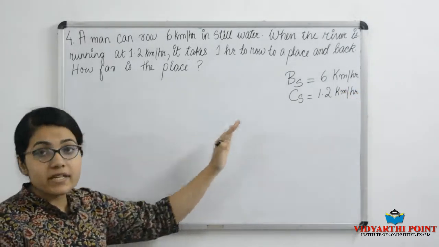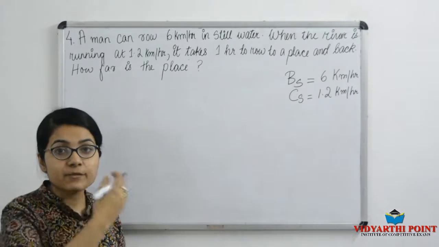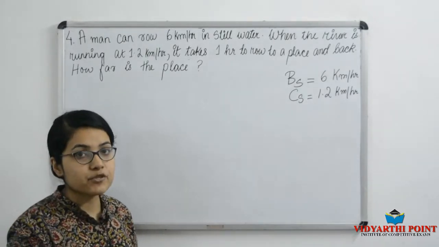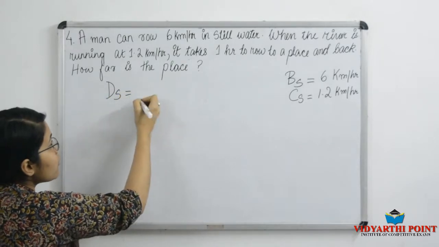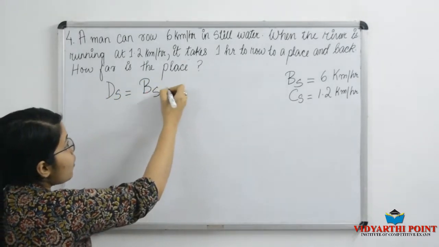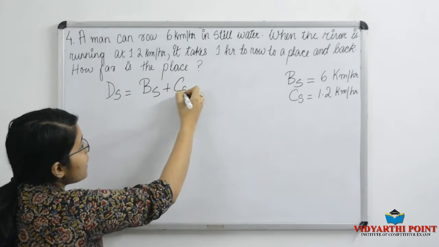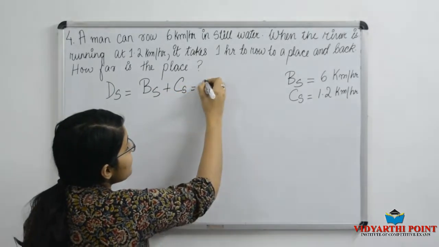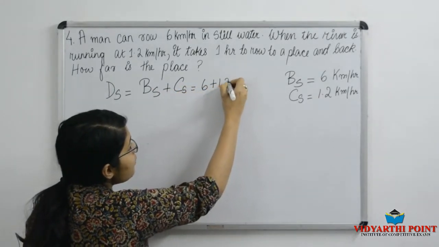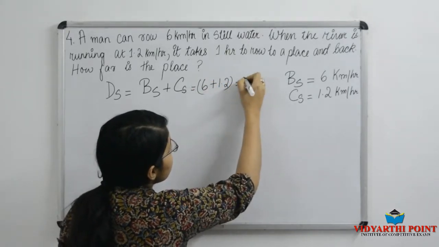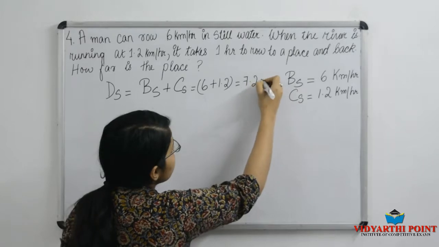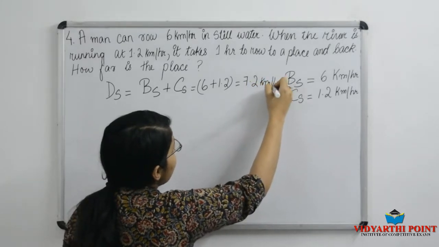Now, using these values, we have to find the speed downstream and speed upstream. We know that downstream speed according to formula is speed of boat plus speed of current, which is 6 plus 1.2 equals 7.2 km per hour.